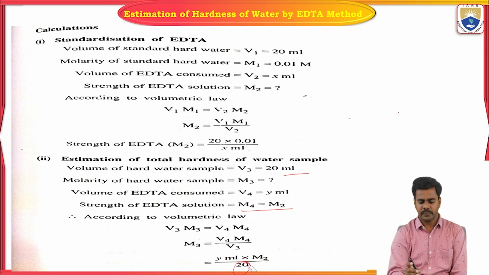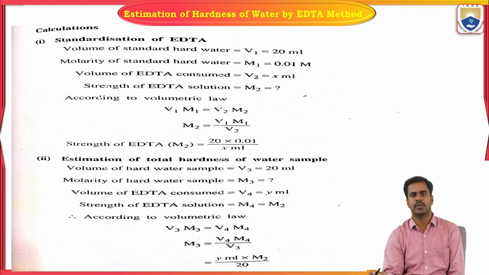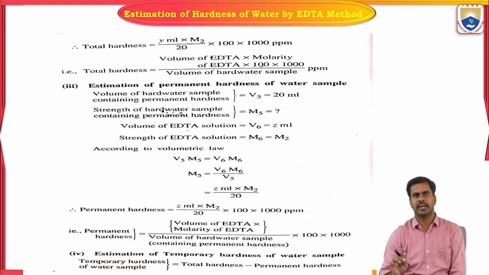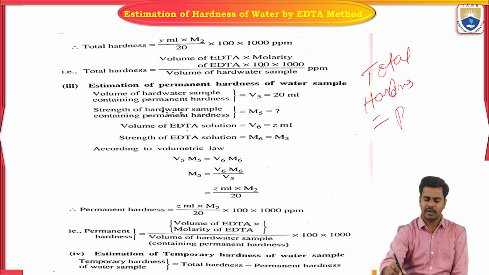So after estimation of total hardness, next go for permanent hardness. Total hardness is equal to permanent hardness plus temporary hardness.